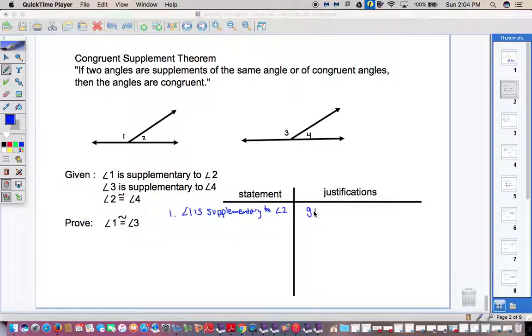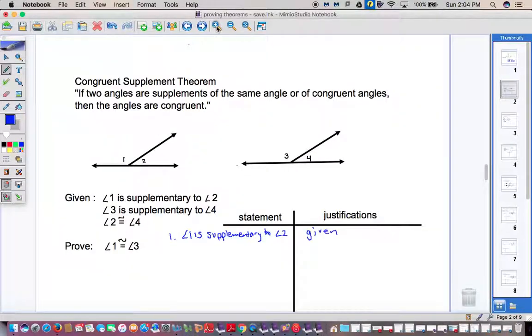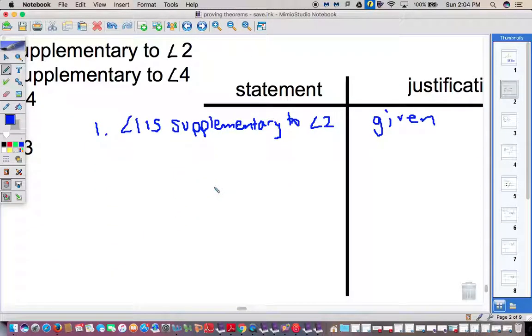And this is given. And again, I'm going to zoom in because it makes it easier to write. Then we're given that angle 3 is supplementary to angle 4, and this again is given information.